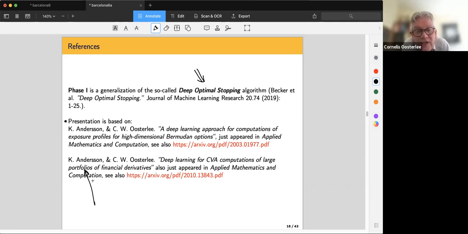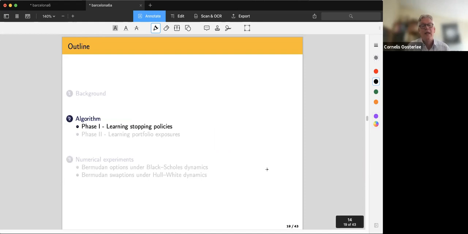The neural network methodology is presented and tested for some simple Bermudan options for which we have analytic solutions, for example, and for which we know a lot. And it's rolled out towards financial practice, looking at portfolios of financial derivatives. What I do here is just give you an outline of these 2 papers.